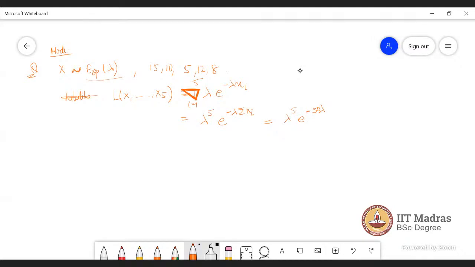So again, how does it look? It is nothing but the gamma distribution.